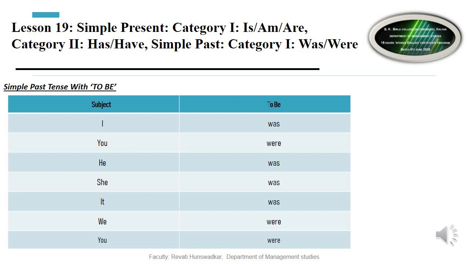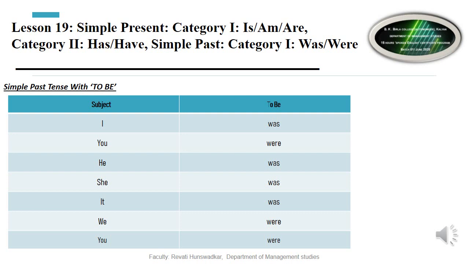So in present, am or is is replaced by was. I am short. I was tall. You are mad. You were mad. He is cute. He was cute. She is sweet. She was sweet.